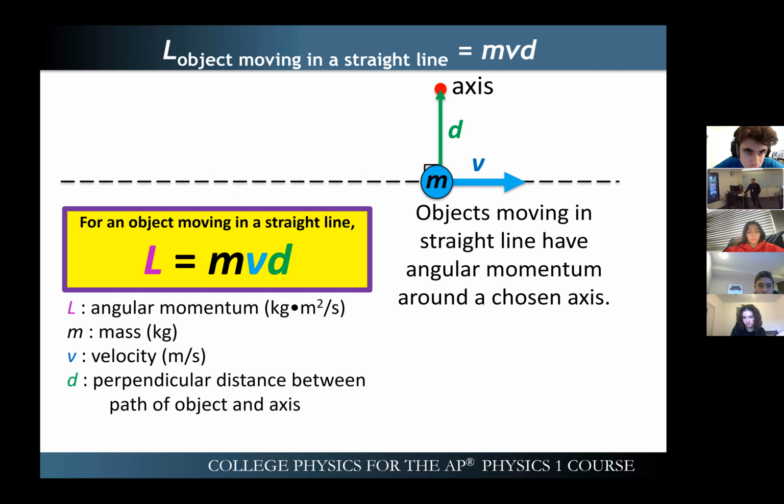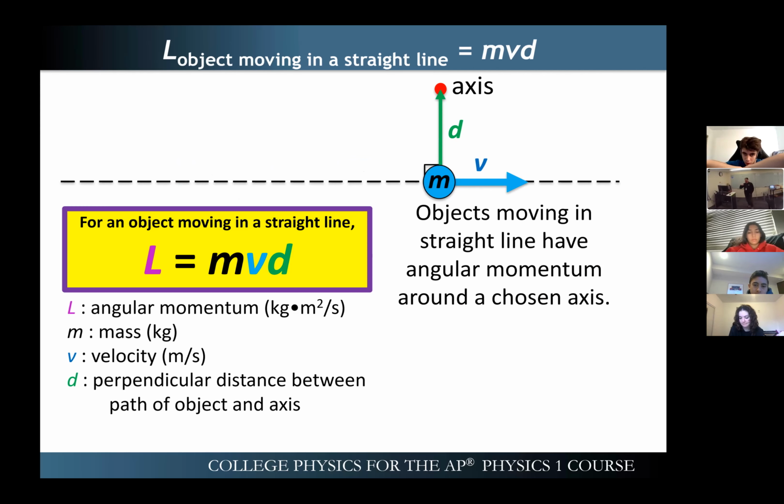All right, so we're going to move on and use this m times v times d. This is the third equation, and it is not on the AP formula list either. You can solve this kind of question other ways, and I think that's why they don't give you this equation. But if you know it, it makes it way easier to solve.